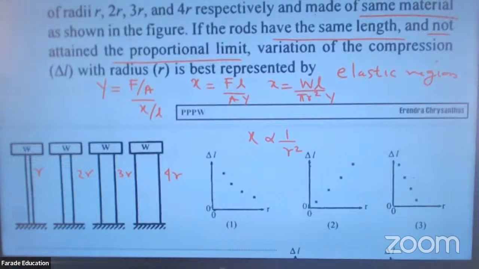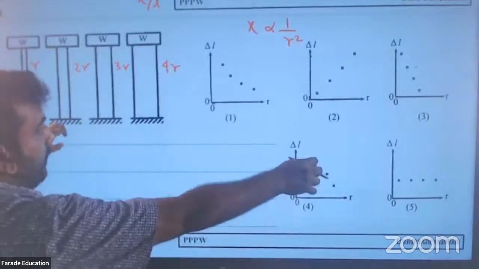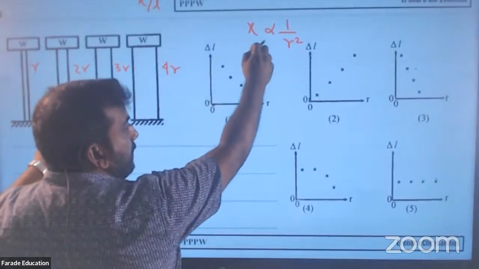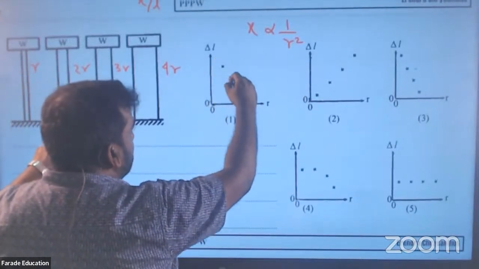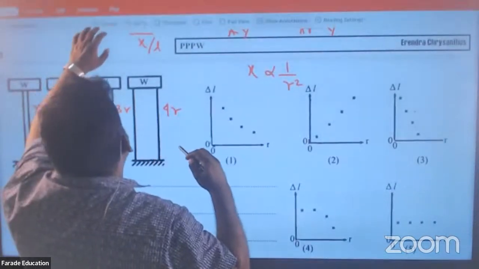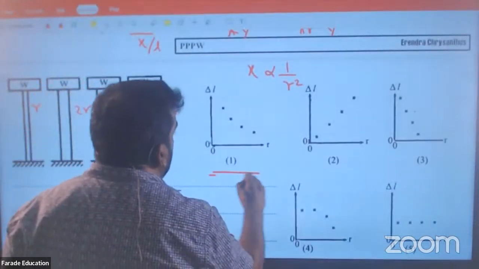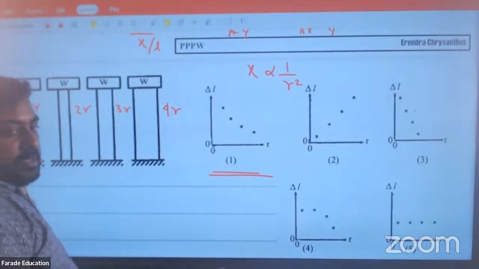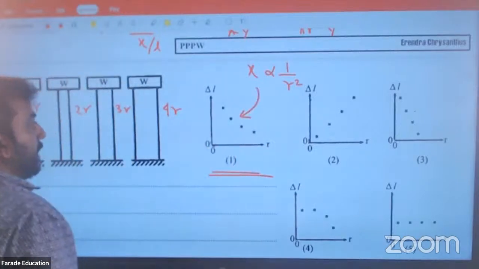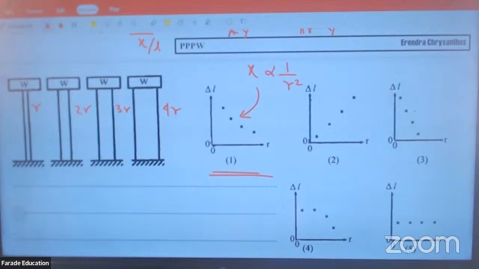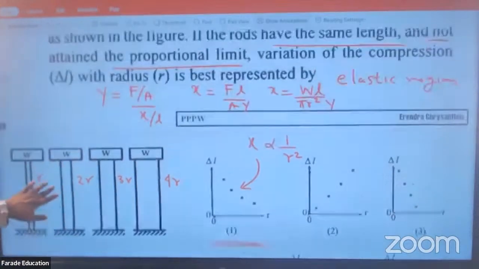Look at this carefully. So your answer is going to be what? Not this, not that. So like electric field strength, E proportional to 1 over R squared curve means like this. So the variation is here. There you go. E proportional to 1 over R squared.